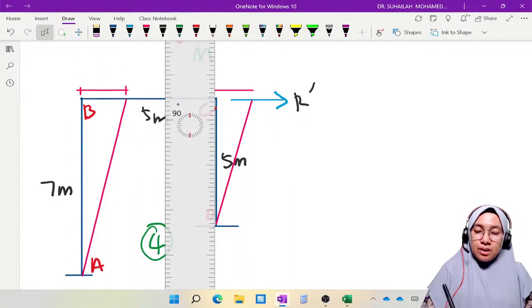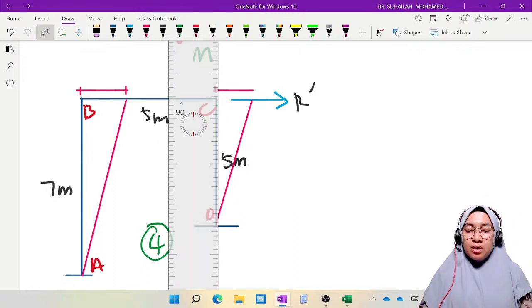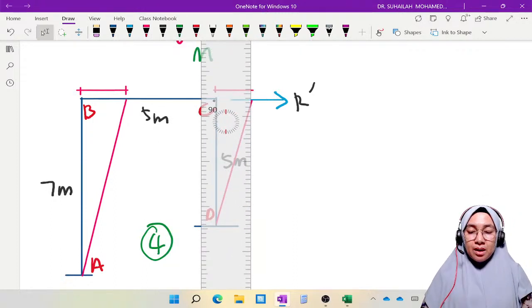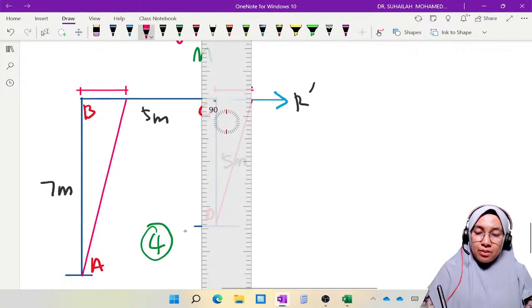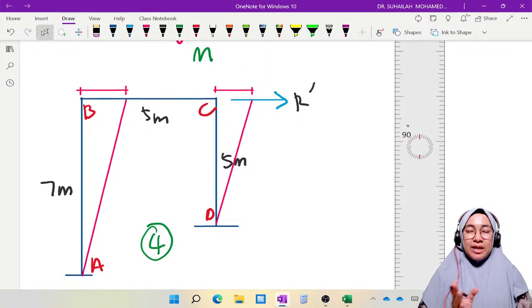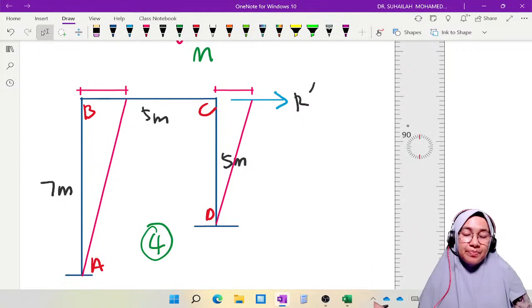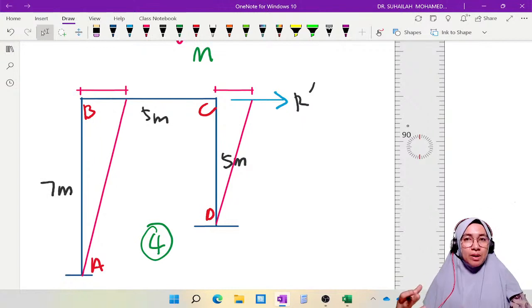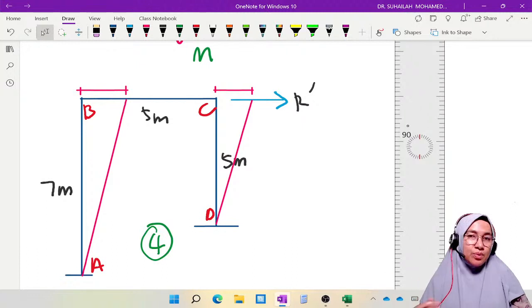If we are not sure which direction the frame deflects or moves, we can assume the frame tends to move to the right direction. But if from the loading we know that the frame tends to sway to the left direction, then we have to consider it as left direction. So of course there is a difference when we assume the frame tends to sway to the right direction or the left direction.